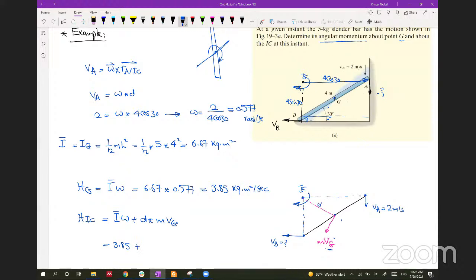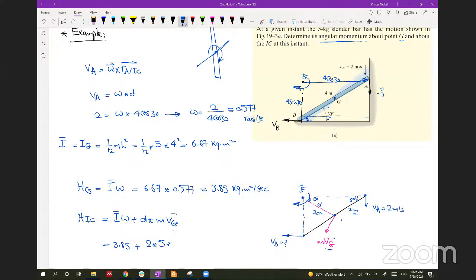Based on the geometry, you will find that this angle will be equal to this angle, 30 degrees, and this is the middle of the line. So you will find that this angle will be equal to 30 as well, and this is 2, just like some simple geometry. So you will find that the distance d is equal to 2 meters. So you multiply 2 by the mass 5 by the V_G.